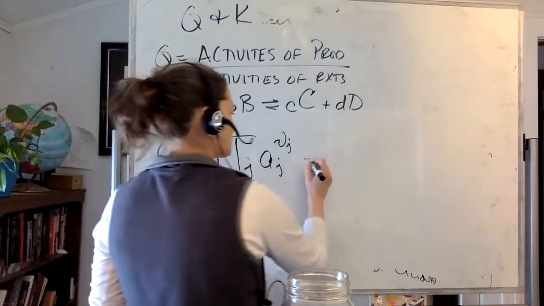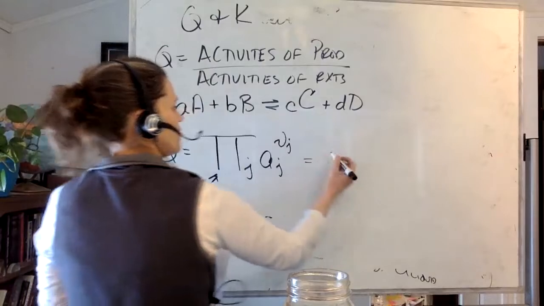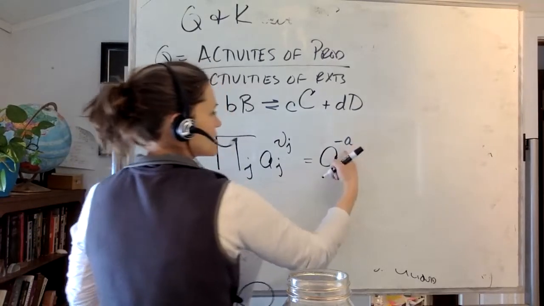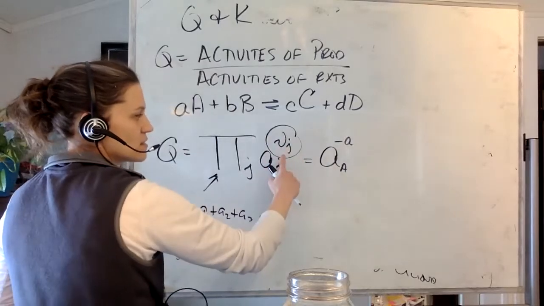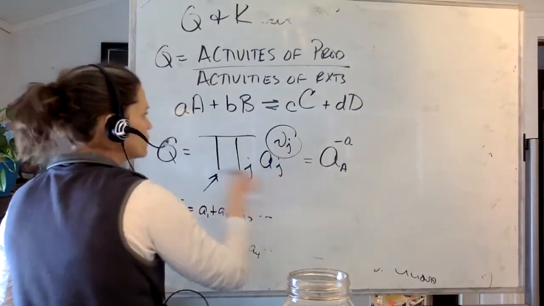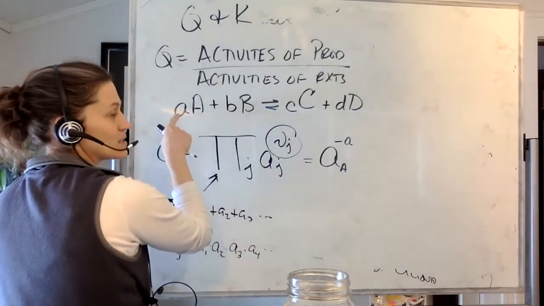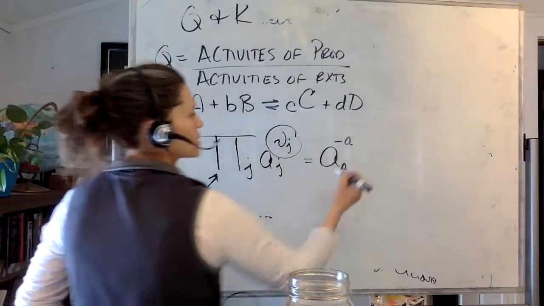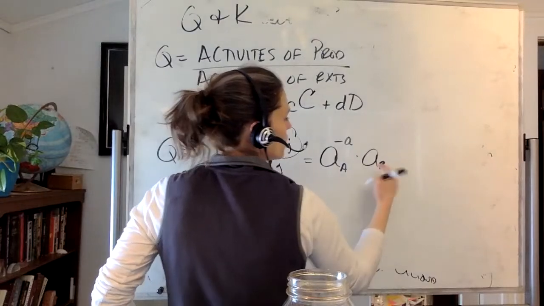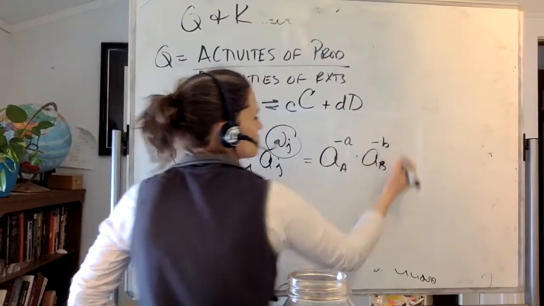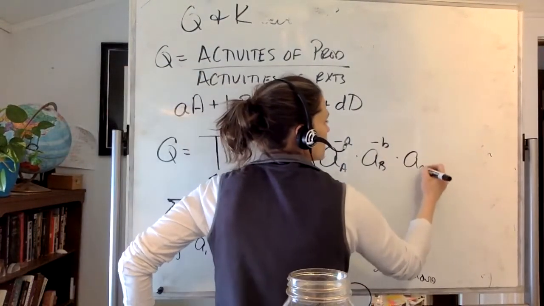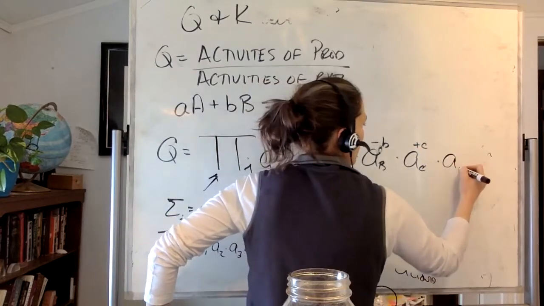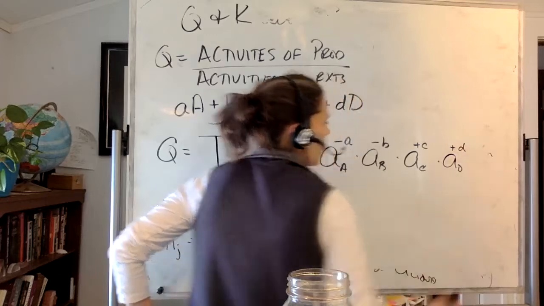So what this means is I've got the activity of A to the minus a, because this is the stoichiometric coefficient, and because it's a reactant, it is a subtraction, because we're losing the reactants and gaining the products, times the activity of molecule B raised to the minus b power, times a_C raised to the plus c power, times a_D raised to the plus d power.